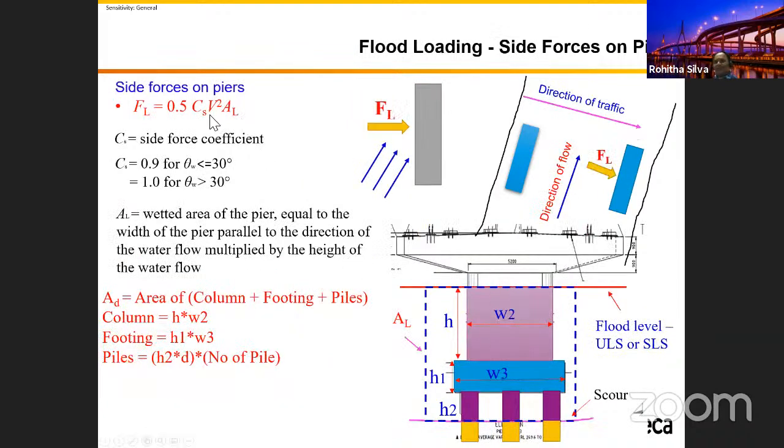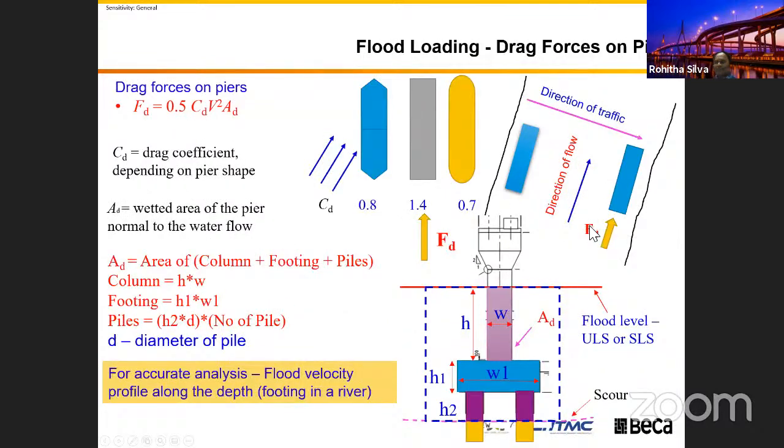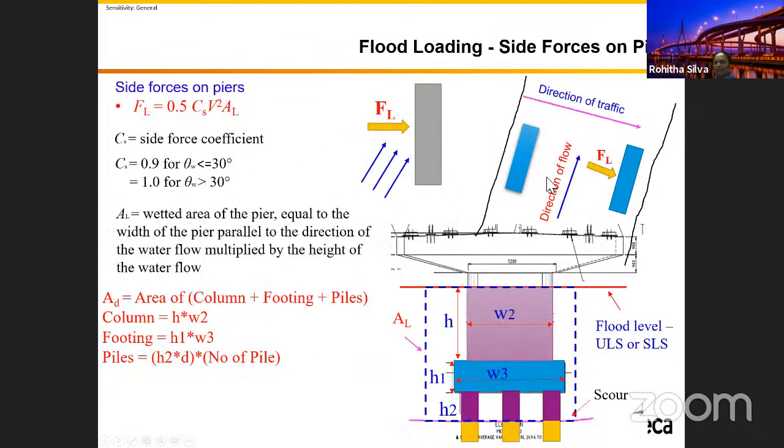Then we calculate the force perpendicular to the wind, because you see this flood force is acting on the bridge in the transverse direction, the drag force, but the side force will be acting perpendicular to the girder because of the water flow at an angle, and that load is in the longitudinal direction of the bridge.